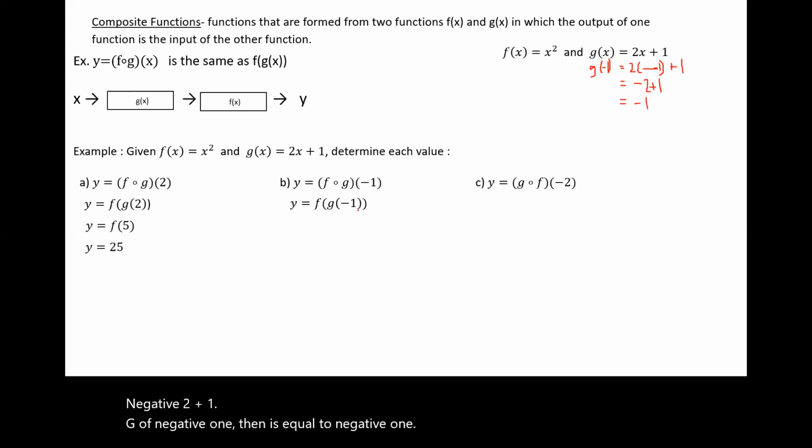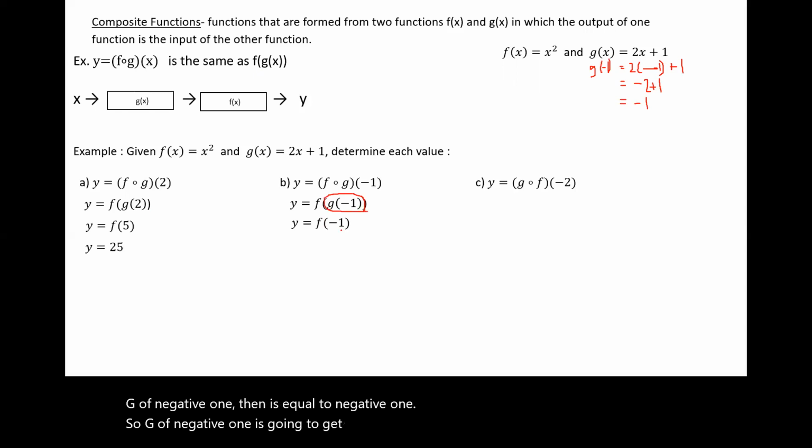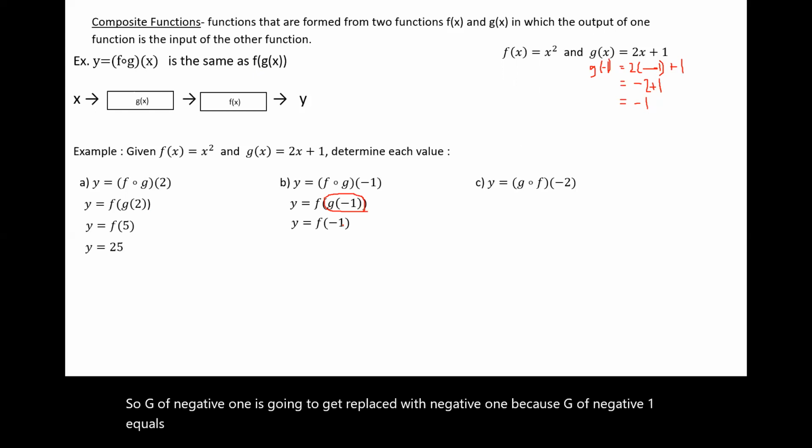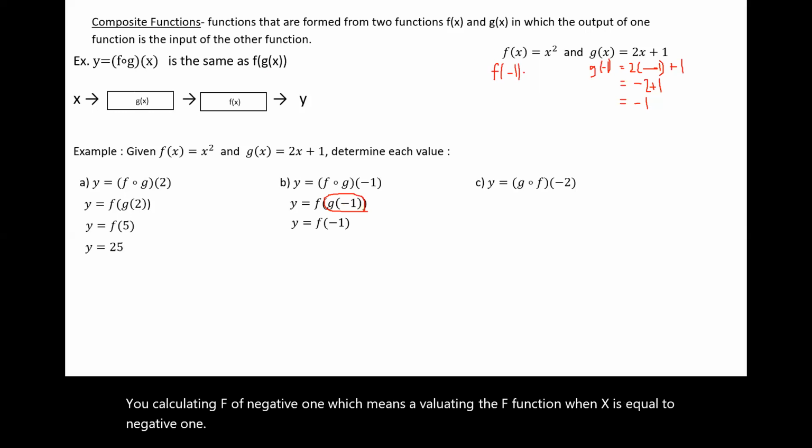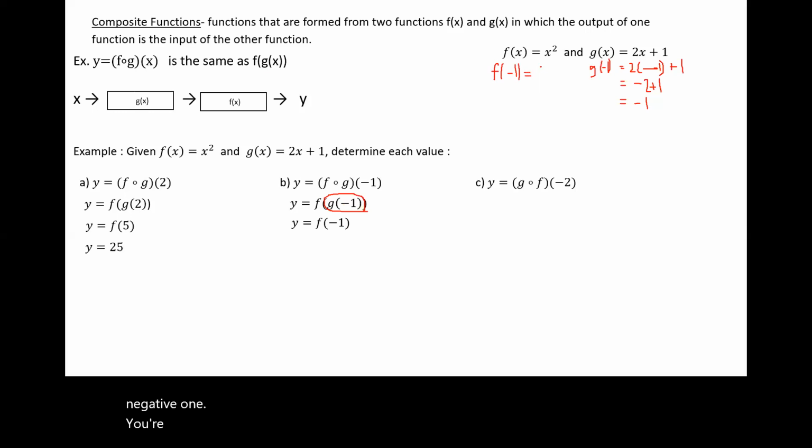So g of negative 1 is going to get replaced with negative 1. Now you're calculating f of negative 1, which means evaluating the f function when x is equal to negative 1. You're taking negative 1 and you're squaring it. The answer for negative 1 squared is 1.